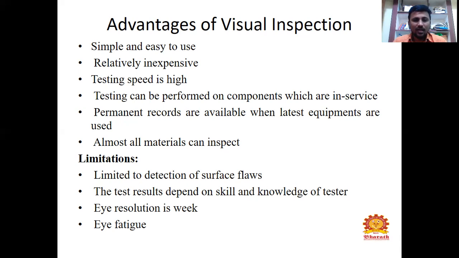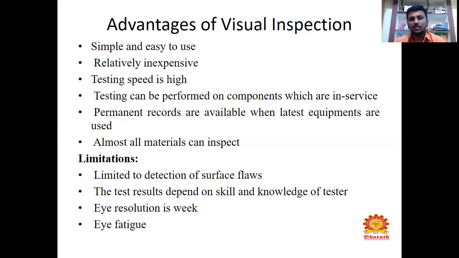And fourth, eye fatigue. In the unaided method, mostly we are using the naked eye, so eye resolution is very much needed. If you have some problem in the eye, we cannot tell whether there is a defect or not. So eye fatigue plays a major role in visual inspection.